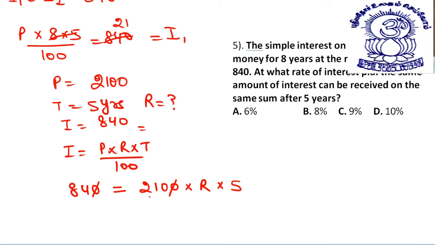Divided by 100, so this 100 comes over here. 100 into 84, again one more 0 cancels out. 21 and 84 cancel to give you 4. 5 cancels with 10 to give you 2. So that way R comes out at 8%. So this R is equal to 8%.